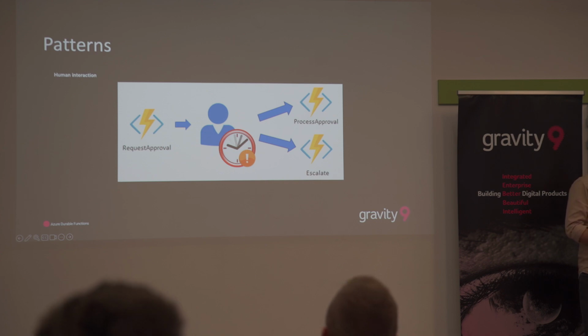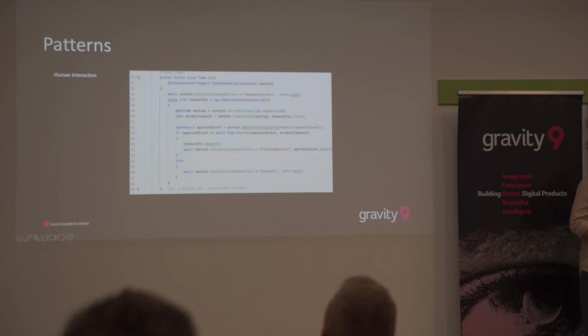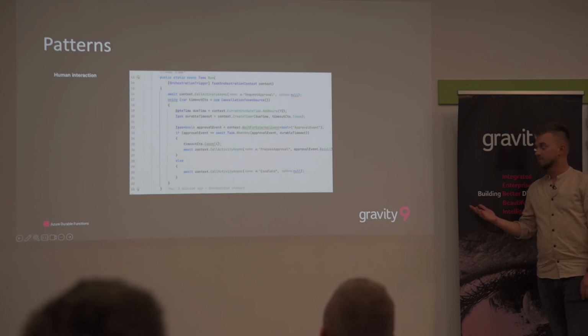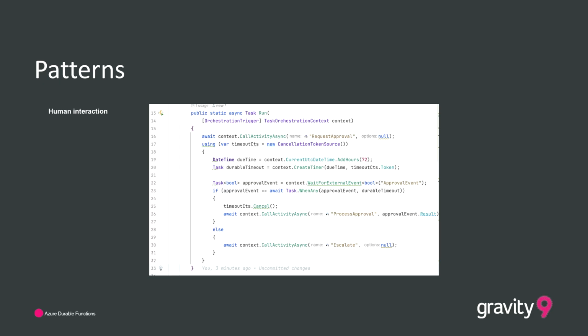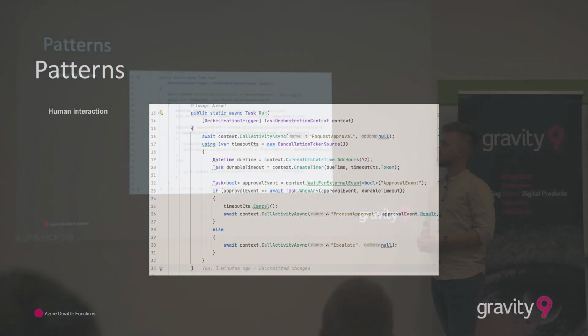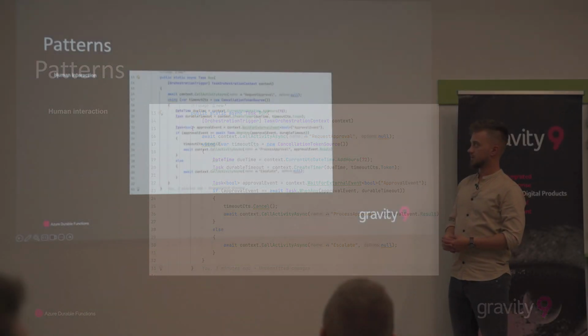And here is the solution for that. Again, simple code, nothing complicated, no external dependencies, no dependencies on a database or something. What you do here? The orchestration, first of all, requests approval.